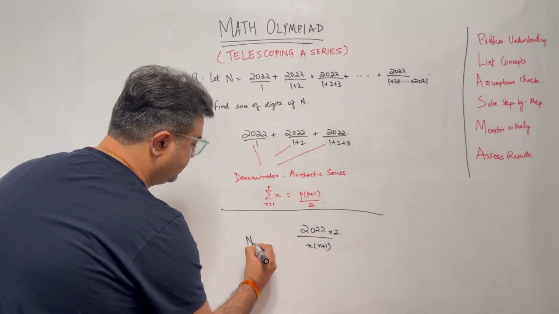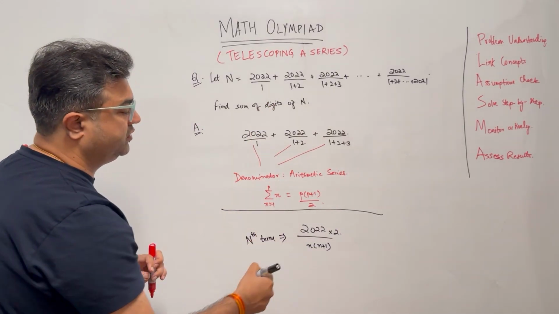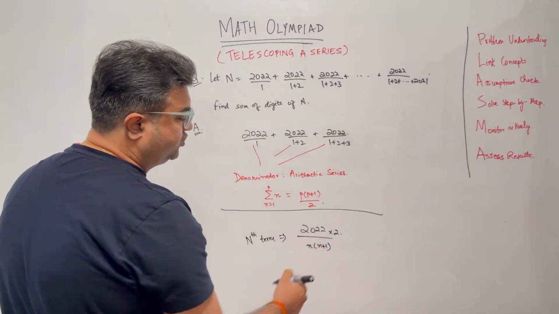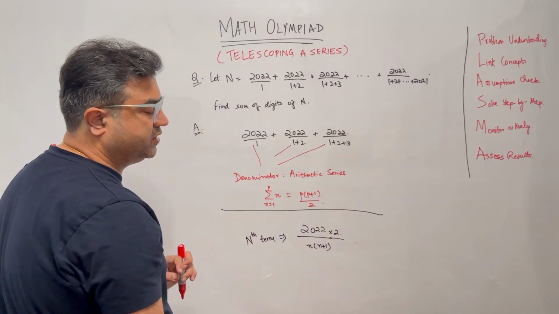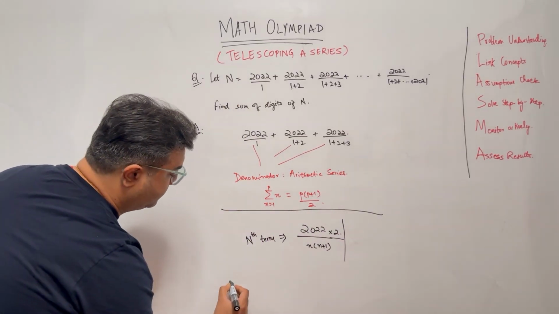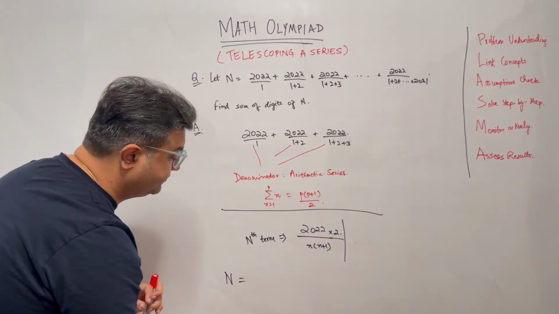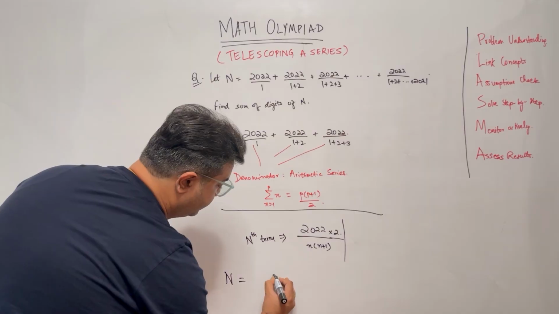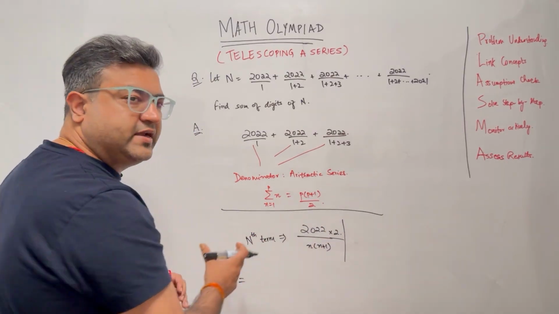So this is the nth term: 2022 into 2 divided by n into n plus 1. Okay, based on this formula, our sum n, because the numerator is all the same, let's take it common.